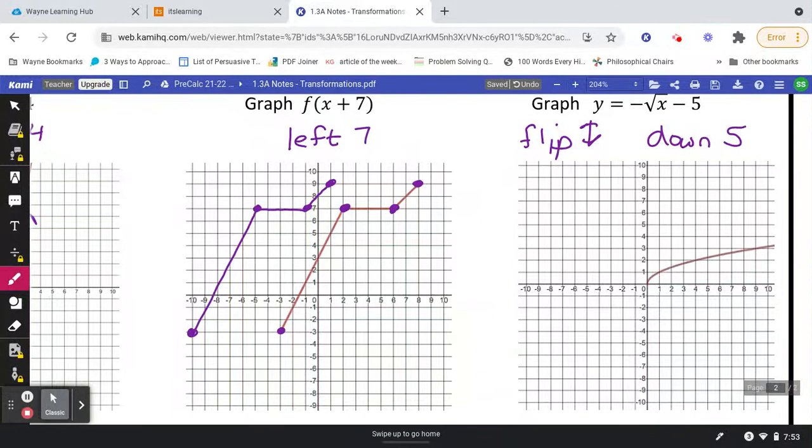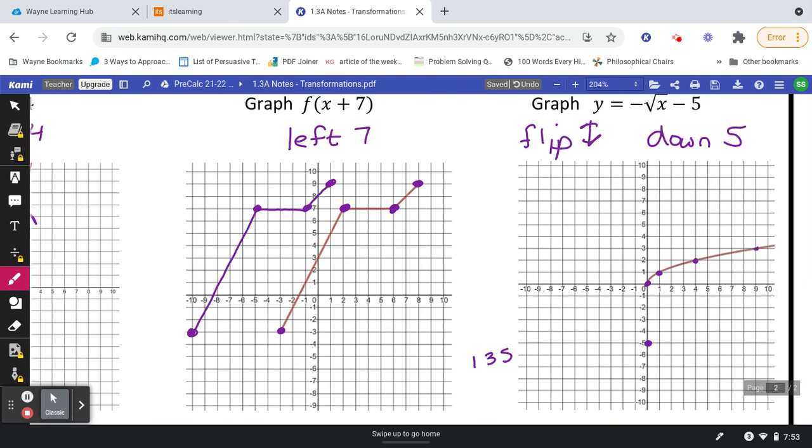All right, so I'm going to do the down 5 first. I'm going to take the vertex of my square root graph and move it down 5. Maybe to there. And then this also has a pattern of 1, 3, 5. So it's up 1 over 1, up 1 over 3, and up 1 over 5.